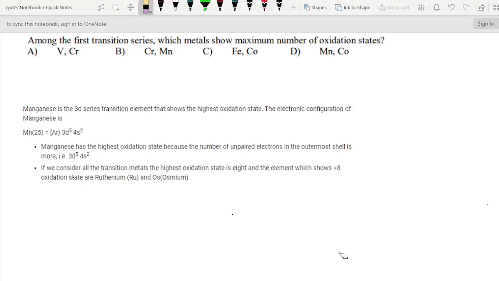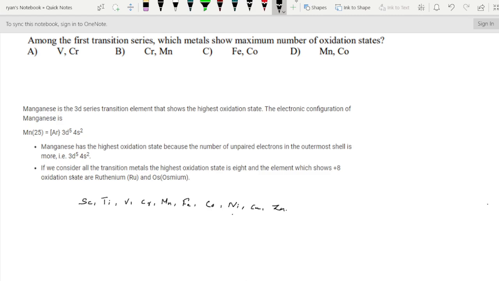Next question: among the first transition series, which metal shows the maximum number of oxidation states? Therefore here we have to consider the 3d series. The first element is scandium, titanium, vanadium, chromium, manganese, iron, cobalt, nickel, copper and zinc.